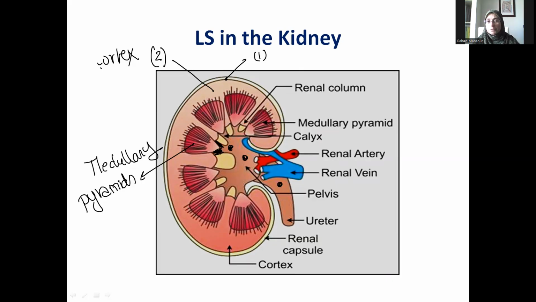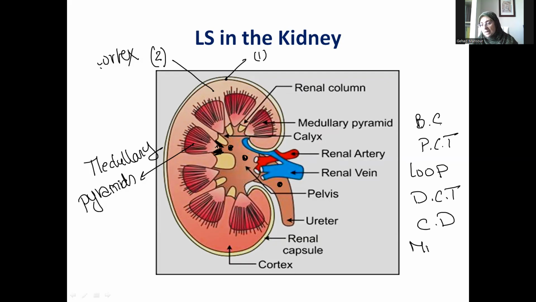These striations you see are the striations of the collecting ducts, and the collecting ducts pour into minor calyces. So the order is like this. If you start in the nephron at Bowman's capsule, and then you have the PCT, and then the loop of Henle, and then the DCT, and then the collecting duct, and then the minor calyx, and then the major calyx, and then the renal pelvis.